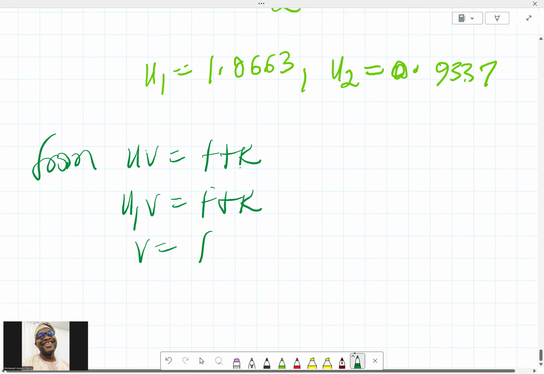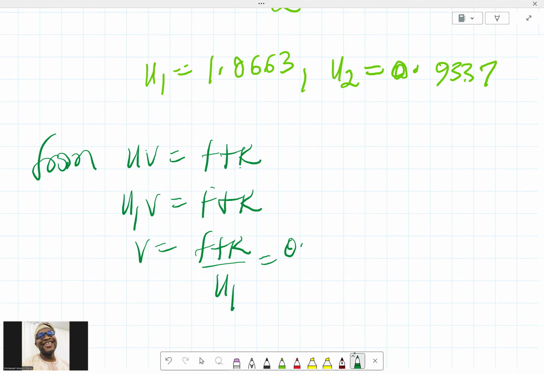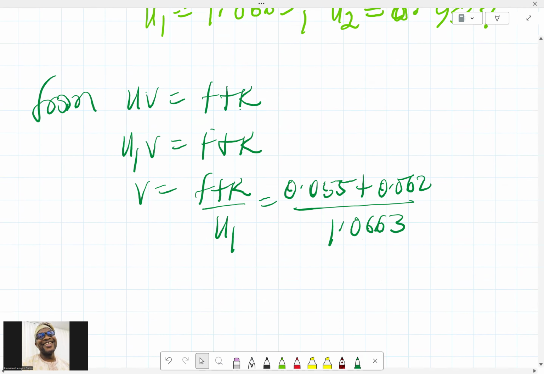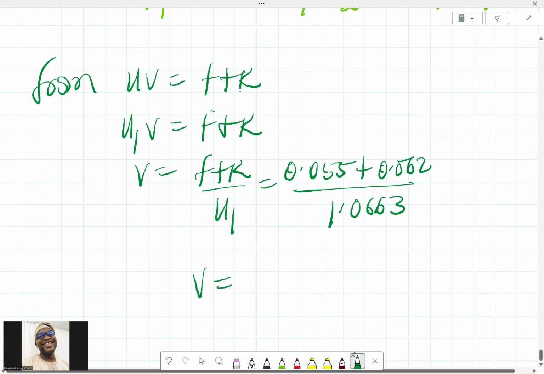So V is equal to F plus K all over U1, and F plus K is 0.055 plus 0.062, all over U1, which is 1.0663.